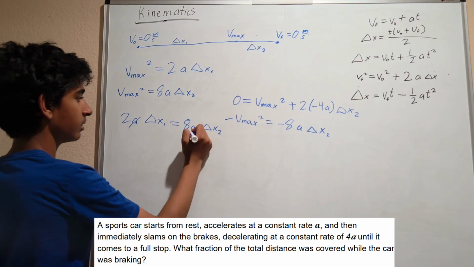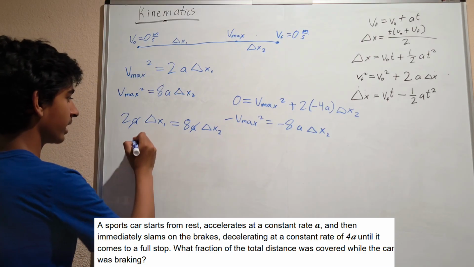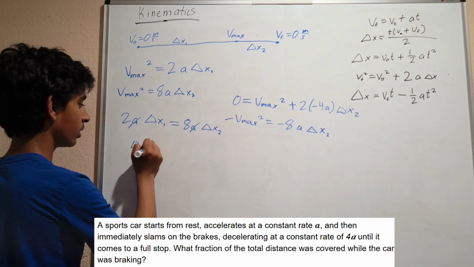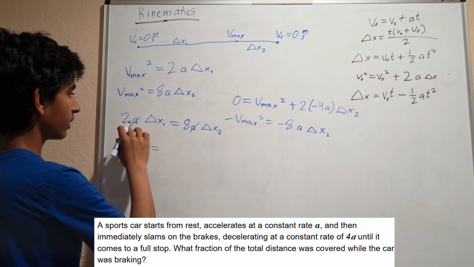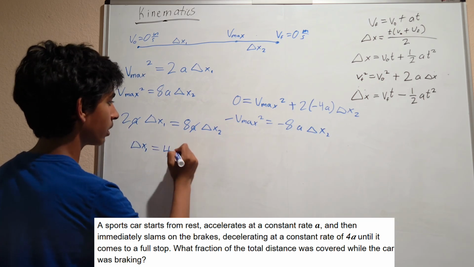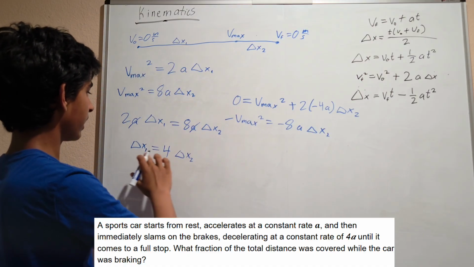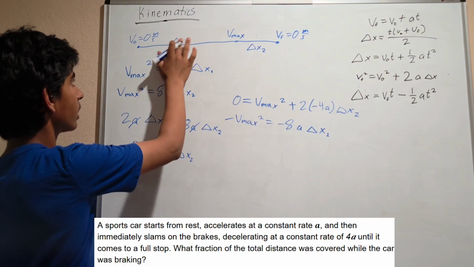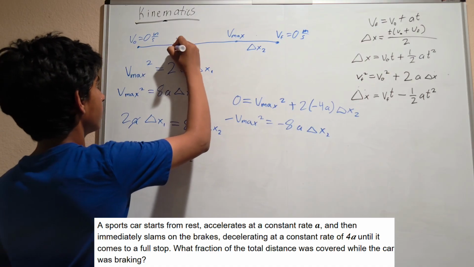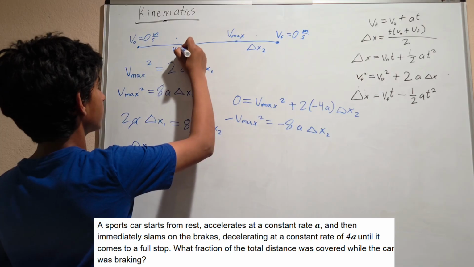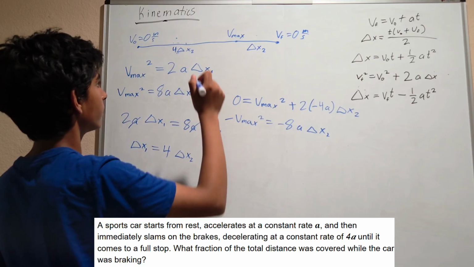So these cancel out, and we can write this as delta x1 is equal to, just divide by 2, 4 times delta x2. So we can just rewrite delta x1 as 4 times delta x2.